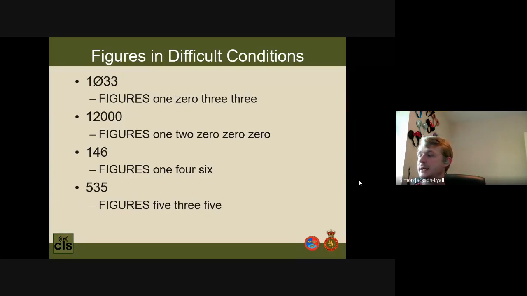So basically, in good conditions, say it how you would say it if you're having a conversation face to face. If it was in difficult conditions, use the pro word figures, and then say it digit by digit.